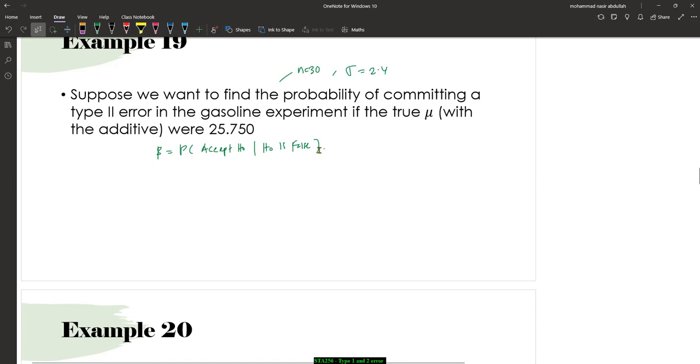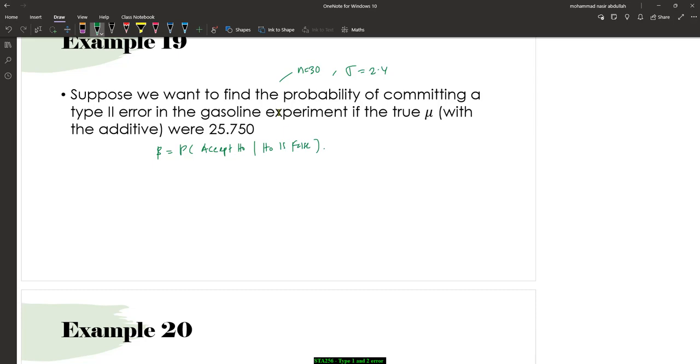Alright, dekat sini mungkin I assume the mu is equal to 25.57, right? And another information yang missing adalah the condition of rejecting null hypothesis, right?